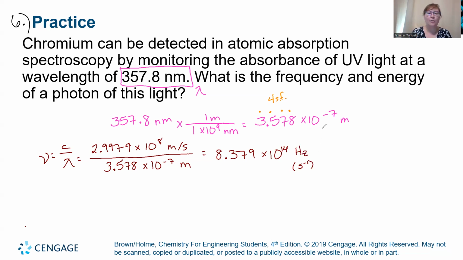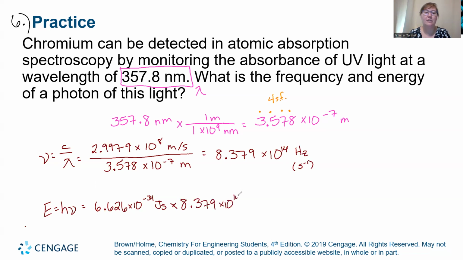In step 2, now that we have nu, we can solve for E is equal to h nu. That's our Planck's constant, 6.626 times 10 to the negative 34 joule seconds, times 8.379 times 10 to the 14th hertz, which are inverse seconds.